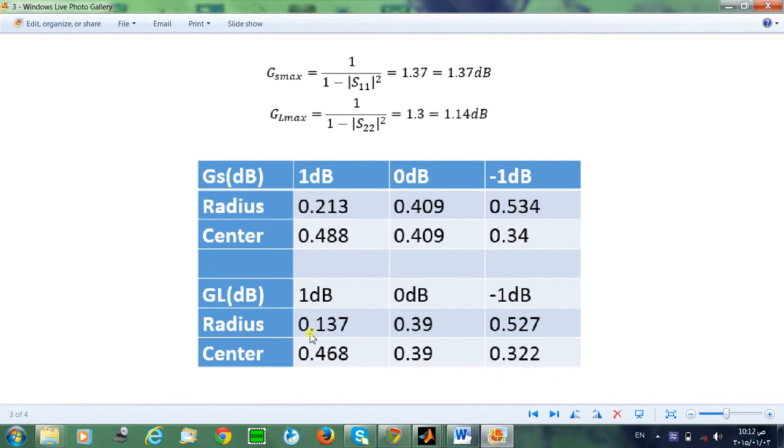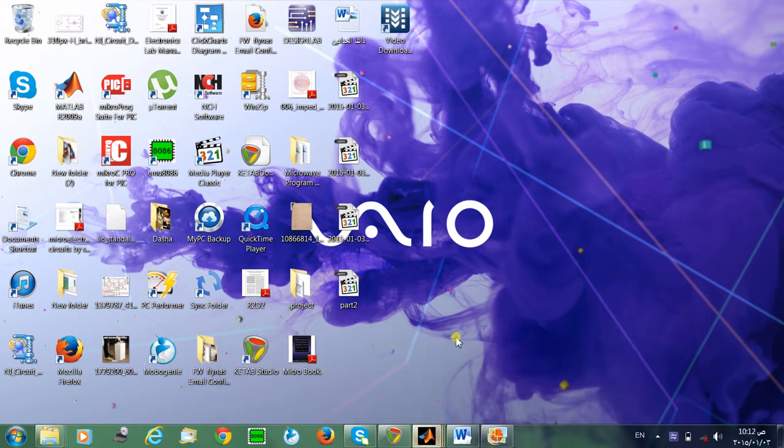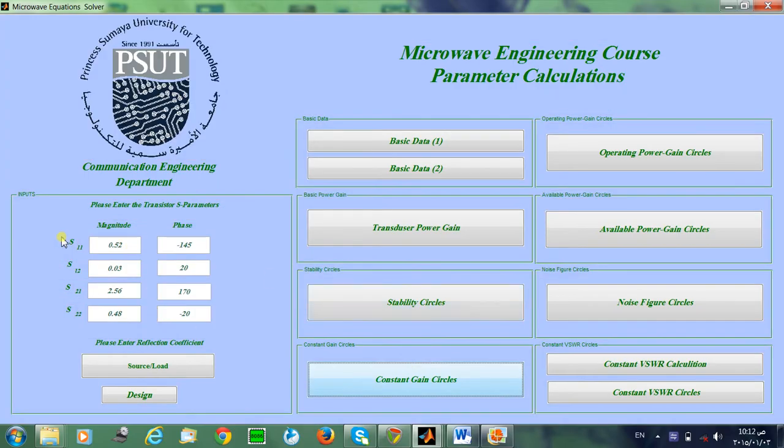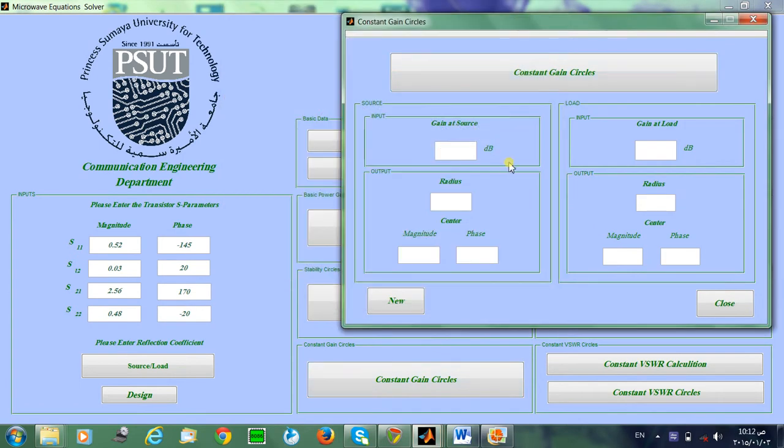Now to find the values that we put in this table, we go to our MATLAB calculator. We have our S parameters, we press on constant gain circles, and over here we choose our dB gain. For example, let's put 1 over here and 1 over here, but less than 1.37, since it should be less than the maximum value.